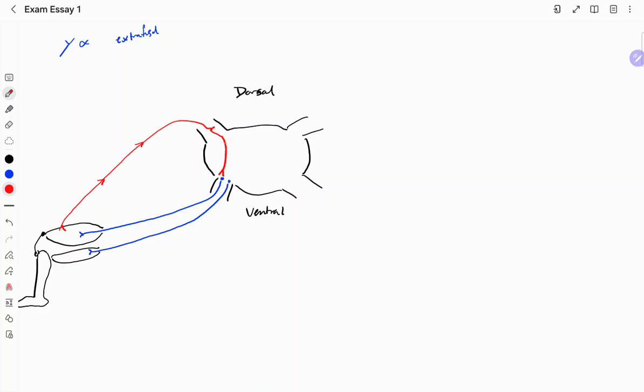And then we have a neuron branching off here that's going to synapse with an interneuron that will then synapse with the motor neuron. And what happens is you have an EPSP because the spinal cord is sensing the stretching of the muscle. This reflex is, the motor neuron is going to come back here and contract the muscle.